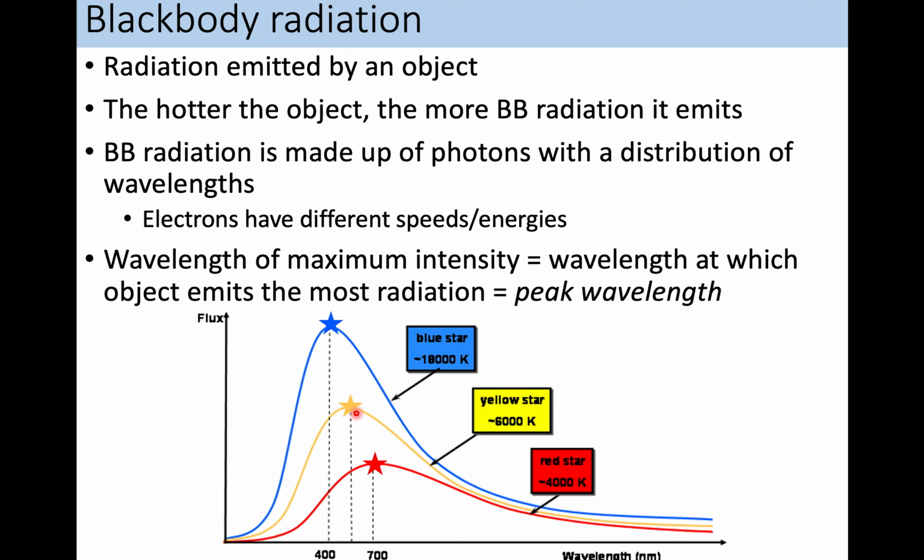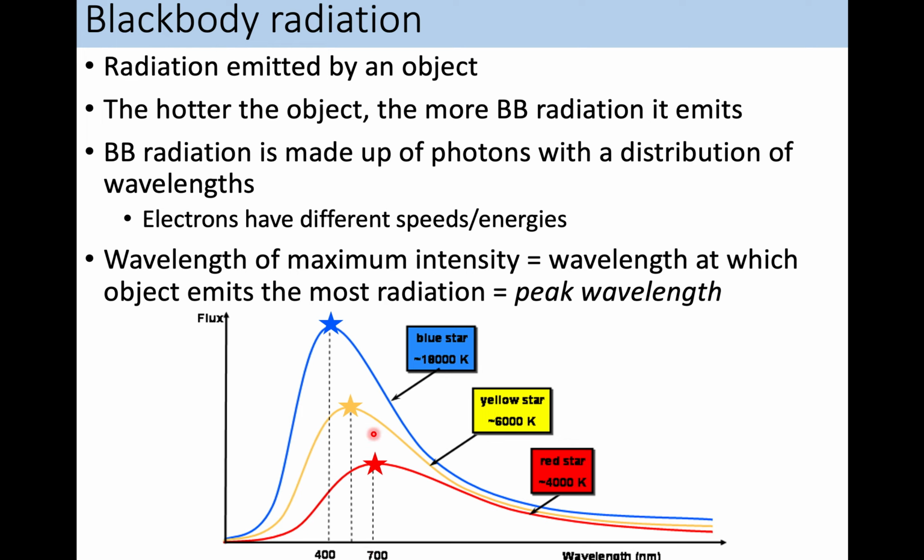If we look at the yellow curve, the yellow curve's peak, meaning the wavelength that has the highest intensity, is more in the yellow wavelengths. So this star is going to appear yellow. Now the red star, I have a star here at the peak, which is at about 700 nanometers. So this star is going to look red because 700 nanometers is in the red.